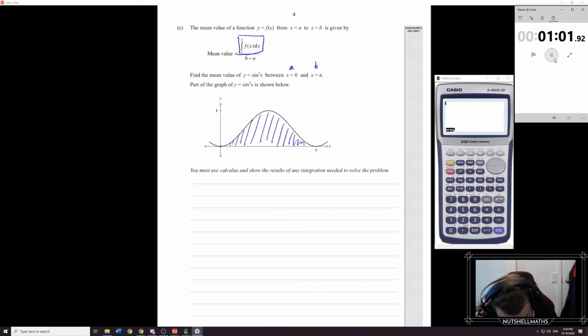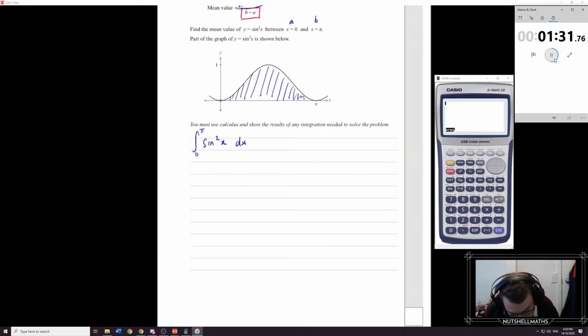Right, so we're going to need to integrate between a and b, 0 and pi, of the function sine squared x dx, and then later on divide it by, let's put it in red, b minus a. I'm not going to deal with that right now. B minus a would be, in this case, pi minus 0, so divide by pi. So I'm thinking that should hopefully cause some cancelling there.